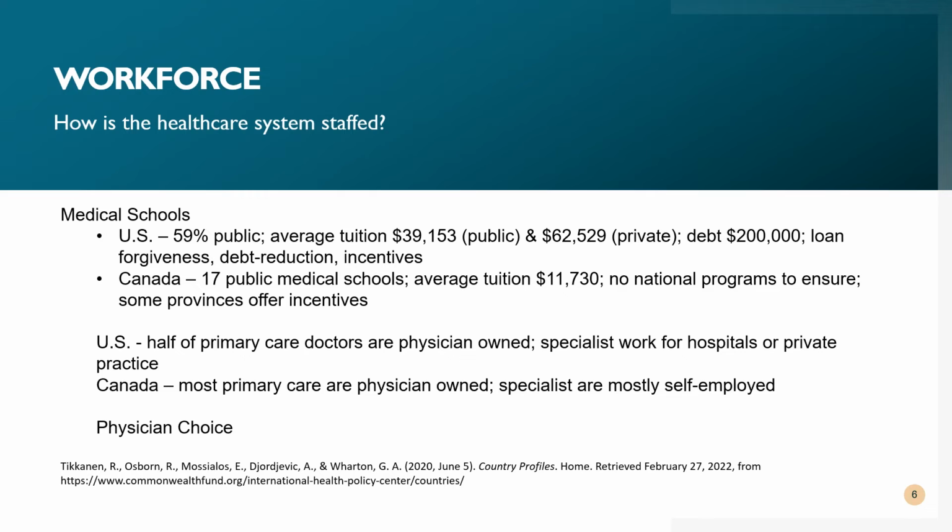Several federal debt reduction, loan forgiveness, and scholarship programs are offered, many of which target placement in underserved regions. Providers practicing in designated health professional shortage areas are eligible for a Medicaid physician bonus payment.